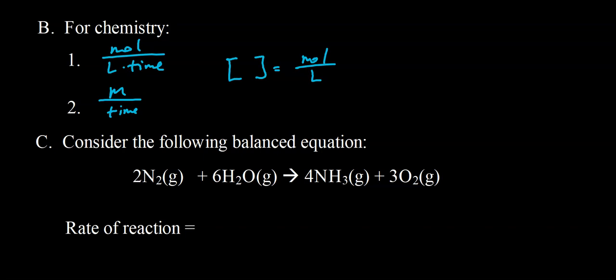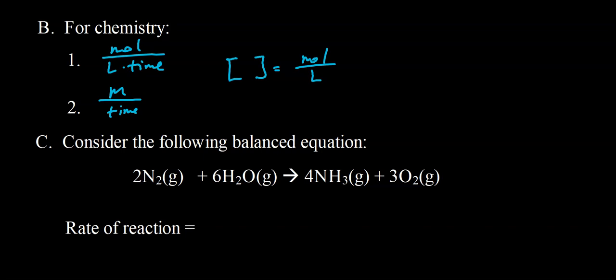Change in volume, if you have some gaseous reactants or products involved in the reaction. Change in pressure. Change in absorbance, if we're using a spectrophotometer and we have a colored species involved in the reaction. And change in mass, maybe, is another one. So there are lots of different things that we can measure the change of over time during a reaction.